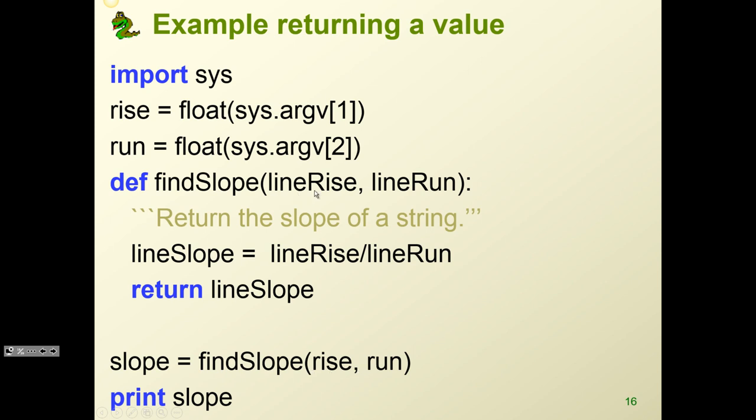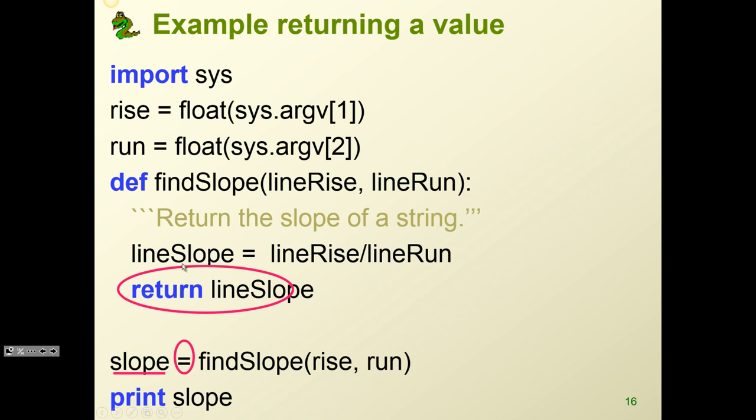It's taking in a line rise and a line run. So make sure when you're thinking about the vocabulary that you differentiate between script arguments and function arguments. So here we're using that return slope, and we're setting that over here.